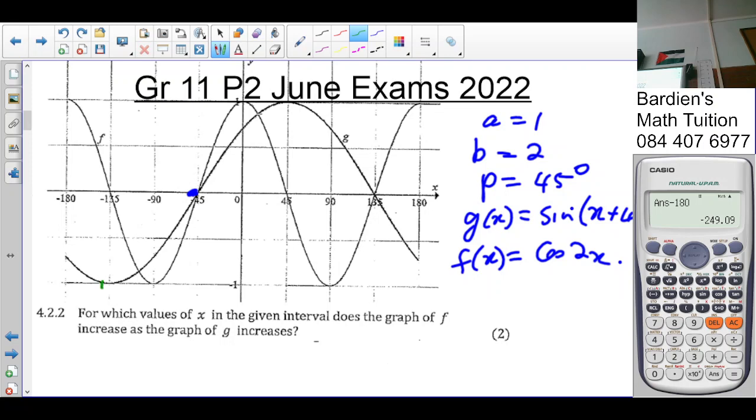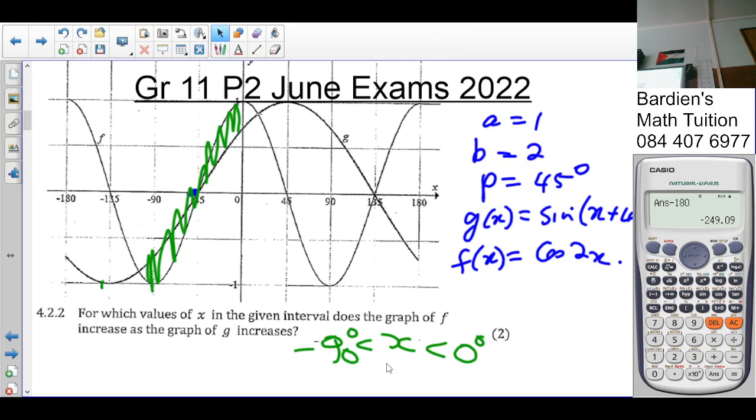Then the other one starts increasing as well from this point. Can you see that? Both are increasing till here, and then there you can see the one graph is decreasing again. Can you see that, people? You all agree with that? So it's increasing there, then decreasing, then increasing, but then this one is decreasing. So the highlighted part, from negative 90 to 0, both graphs are increasing. So x is greater than negative 90 but less than 0 degrees.